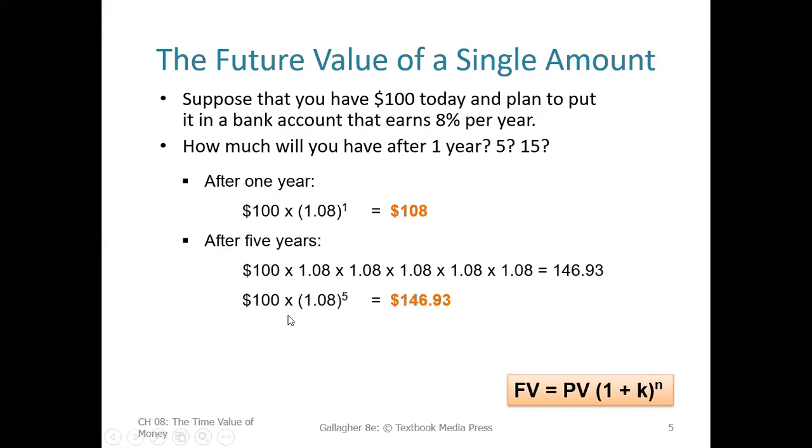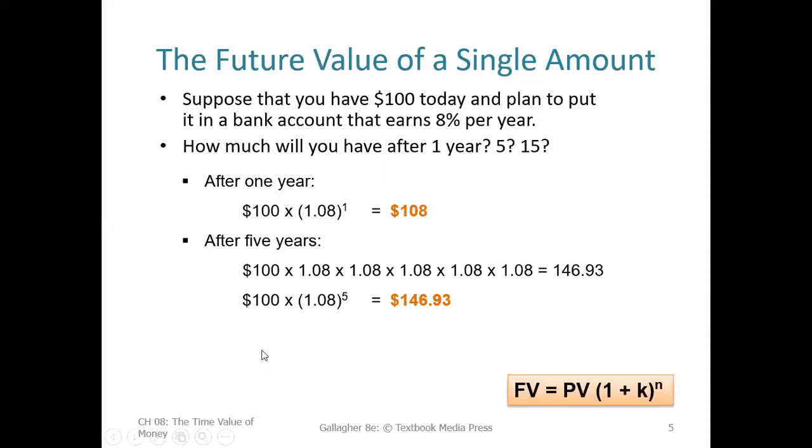You can use that formula, where FV is the future value. Future value equals the present value times 1 plus 8%, and then you raise it to the power of 5. So the money you have at the end of the 5th year is $146.93.